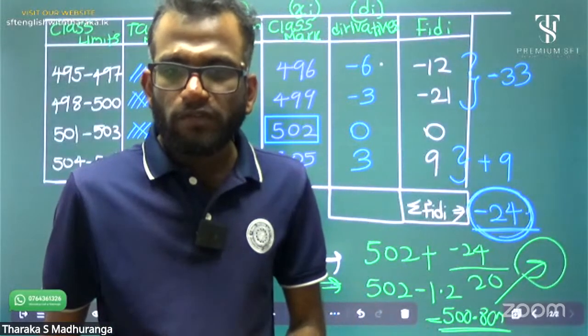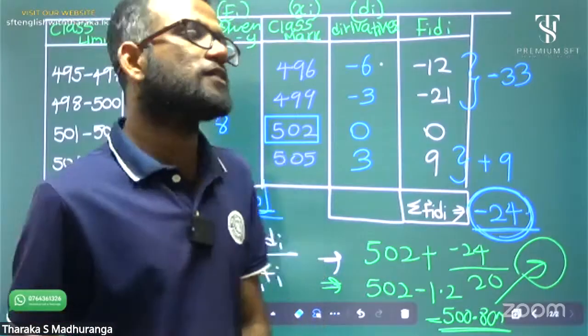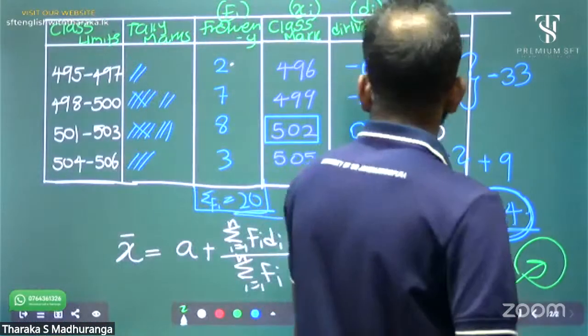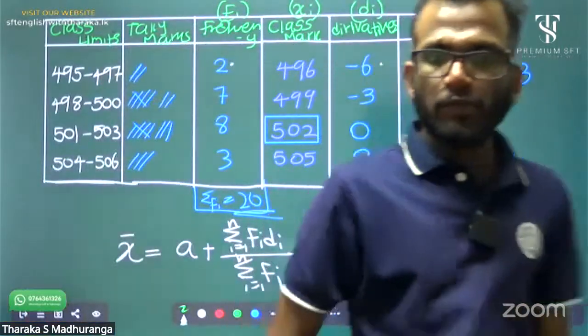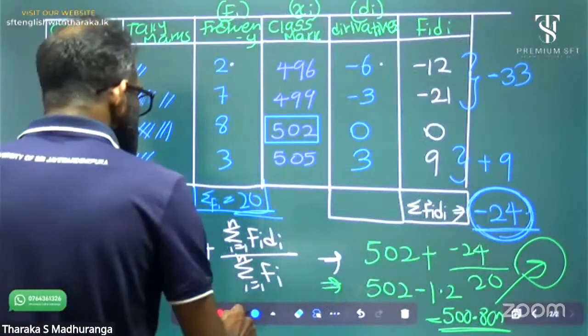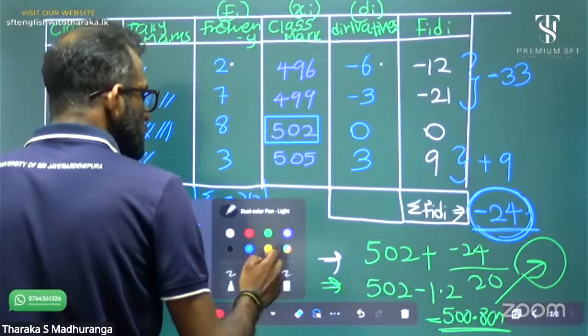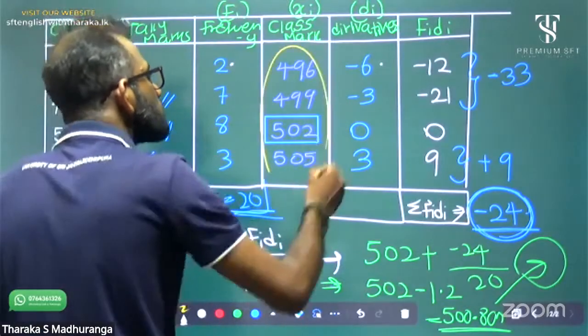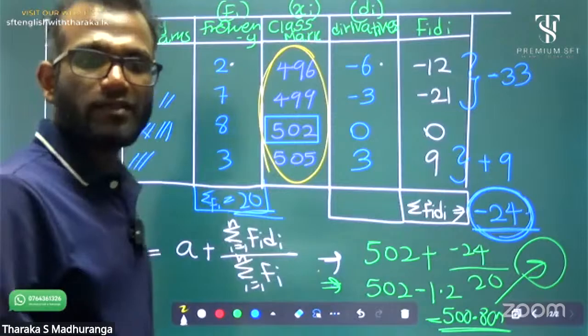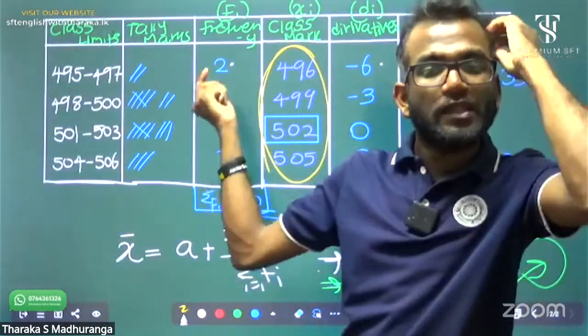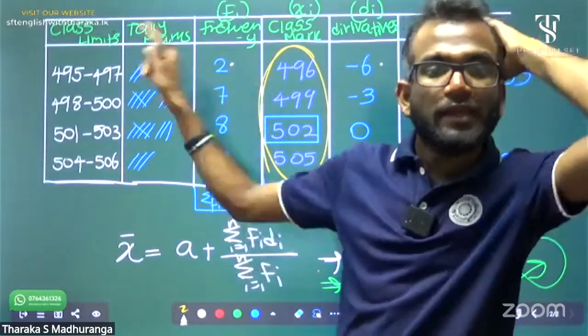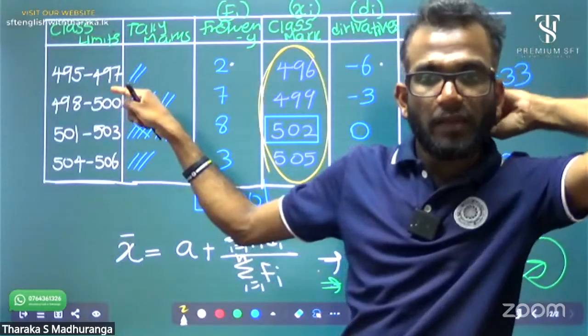Is it because of the class mark? Yes, that is the reason. In a group frequency distribution, the entire class is represented by the class mark, but that can vary.